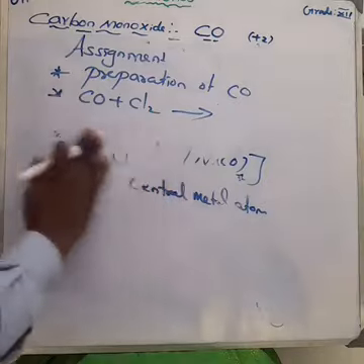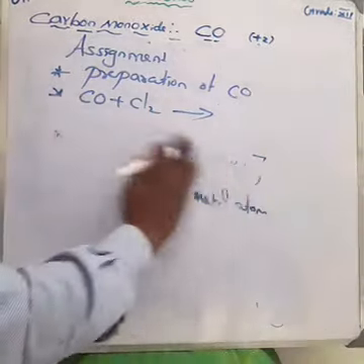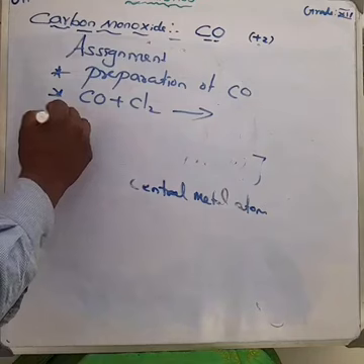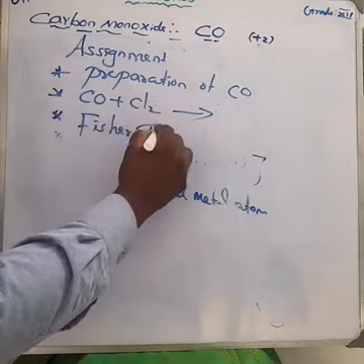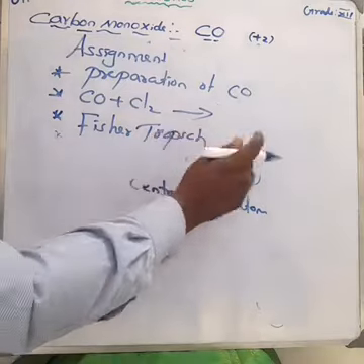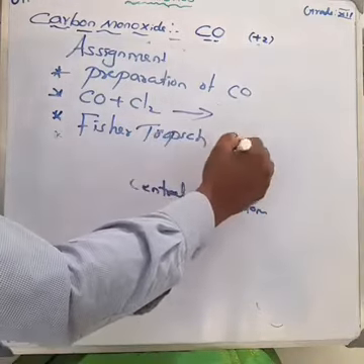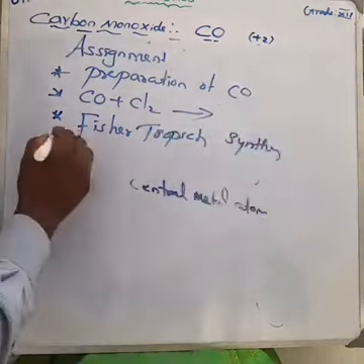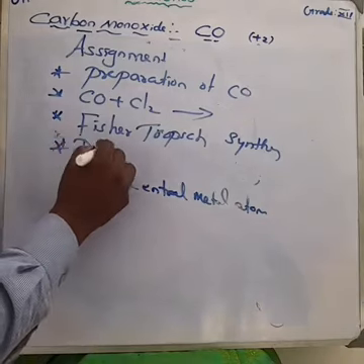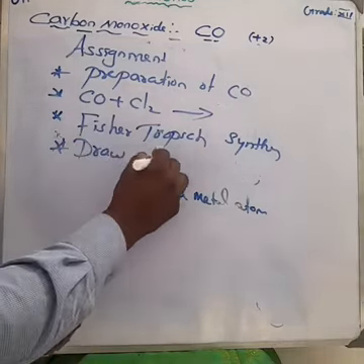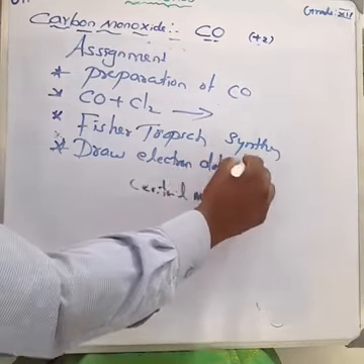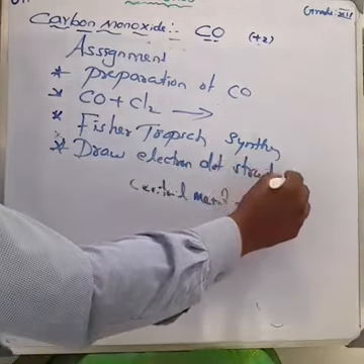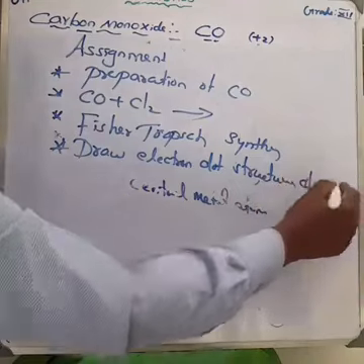Next, third question, Fischer-Tropsch synthesis, a very important question. And draw the electron dot structure for CO, carbon monoxide.